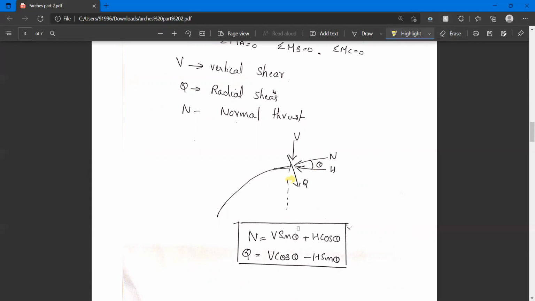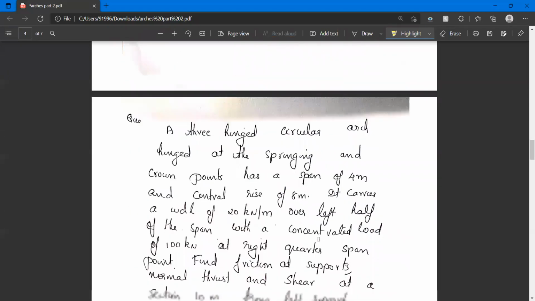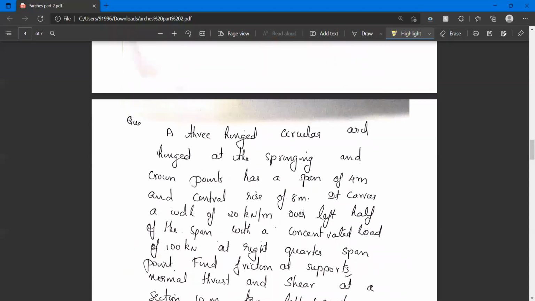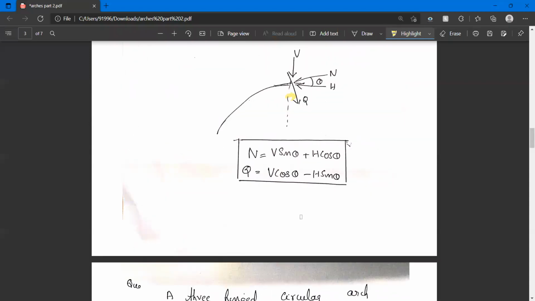V cos theta will be acting in the direction of Q, and H sin theta is acting in the opposite direction. These are the basic equations for N and Q, which we will be using in the solution of parabolic arches or circular arches.